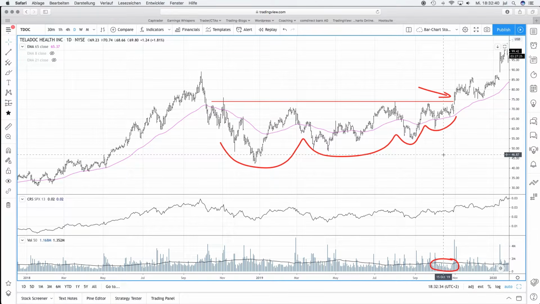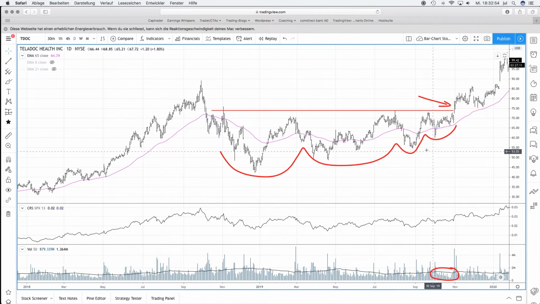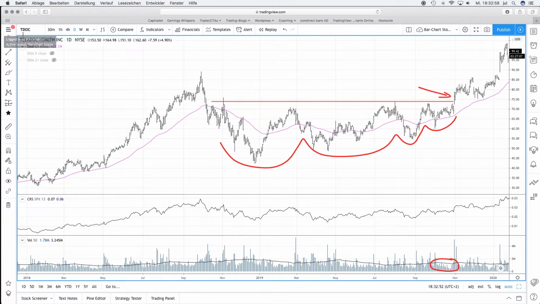Yes, it is a part of a setup, but I personally think that a setup always consists of multiple dimensions. One is fundamental, one is the story behind the stock, and then the technical pattern.